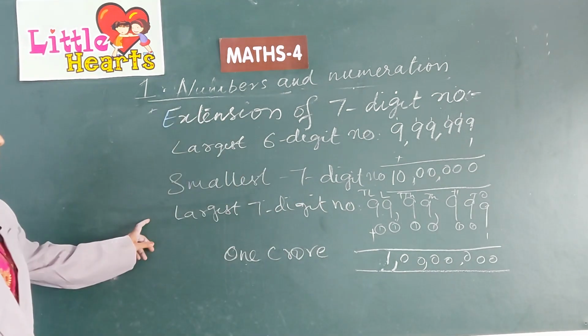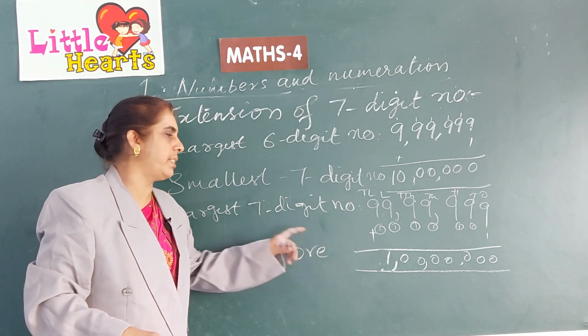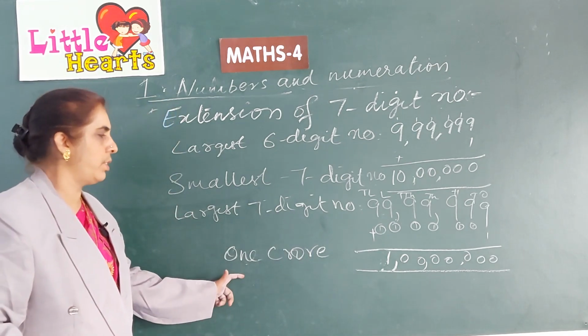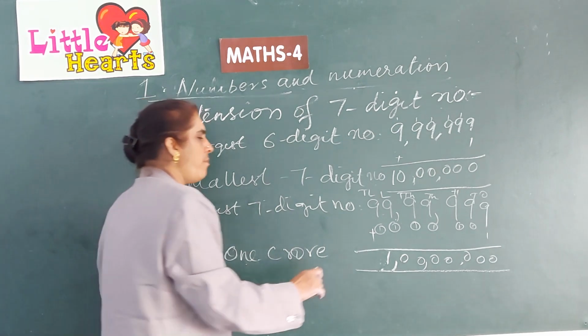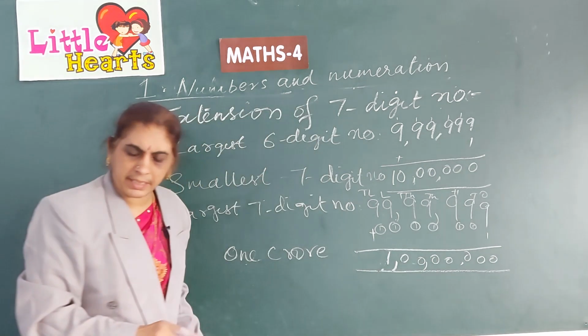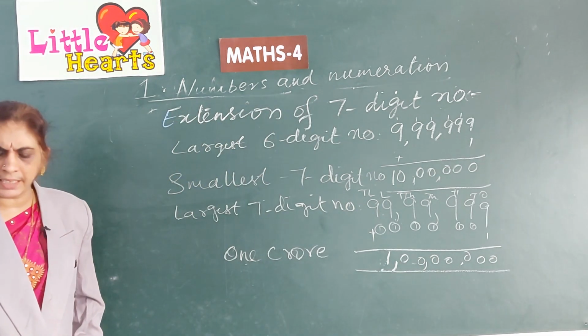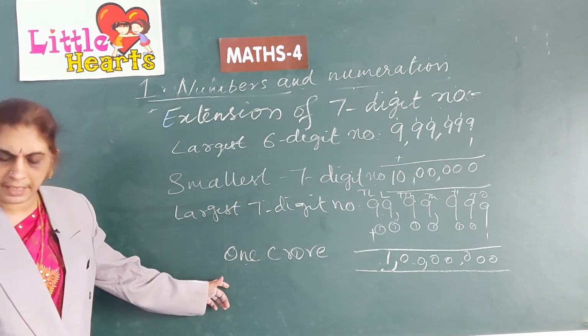So, when 1 is added to the largest 7-digit number, you get 1 crore. 1 followed by 7 zeros, and it has 8 digits in it.